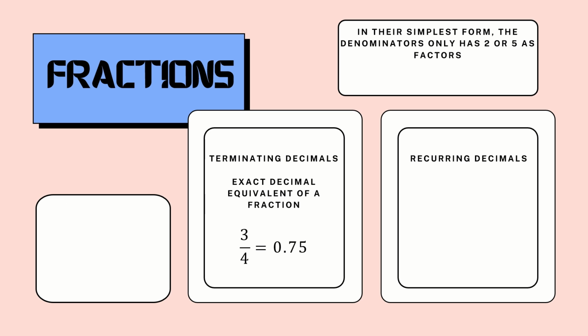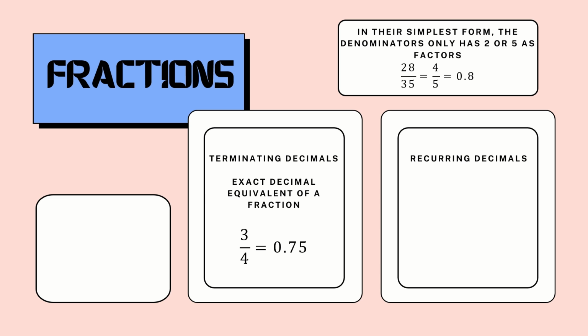In their simplest form, the denominators only have 2 or 5 as factors. So for fractions to be written as terminating decimals, the denominators only have 2 or 5 as factors.